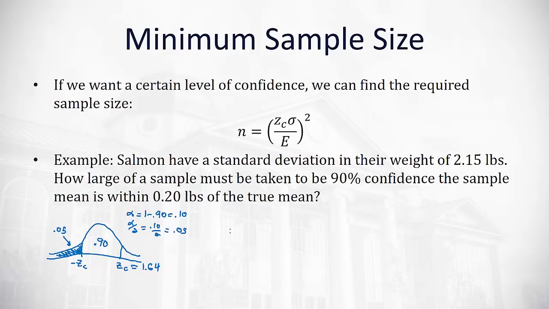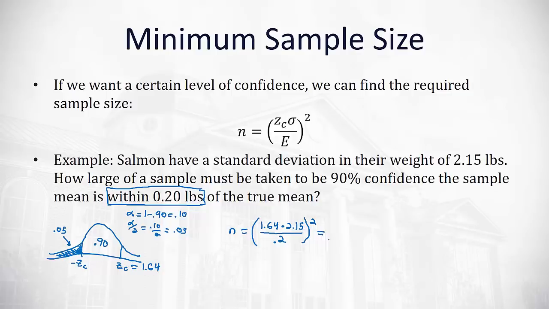And we're ready to calculate the minimum sample size using that formula. The formula says we take our z sub c, which is 1.64, times the standard deviation of 2.15, divided by the error. We want to be within 0.2 pounds of the true mean, so that means we want an error of 0.2, squared.